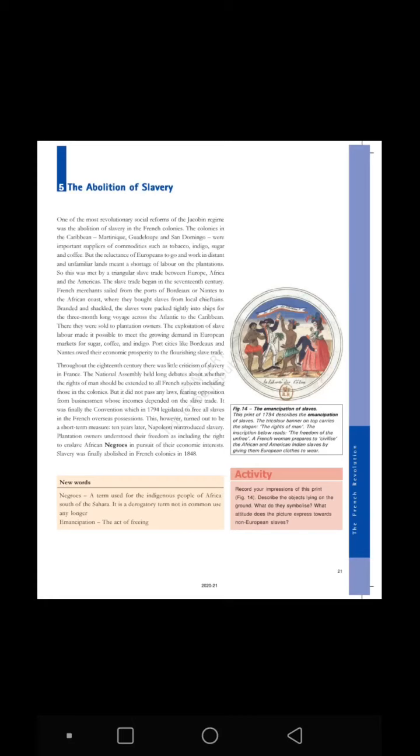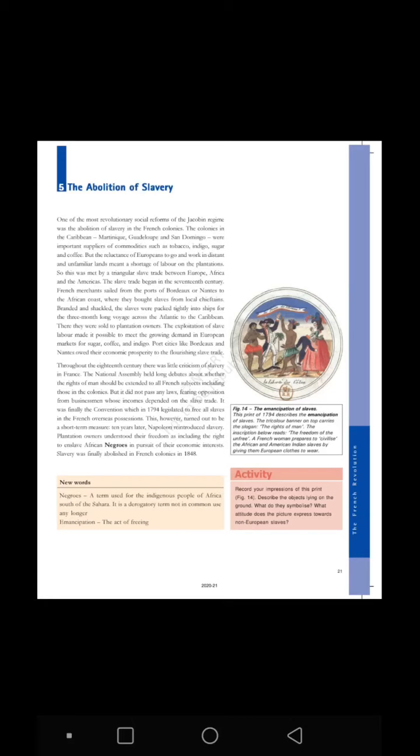But the reluctance of Europeans to go and work in distant and unfamiliar lands meant a shortage of labor on the plantations. This was met by a triangular slave trade between Europe, Africa, and the Americas.